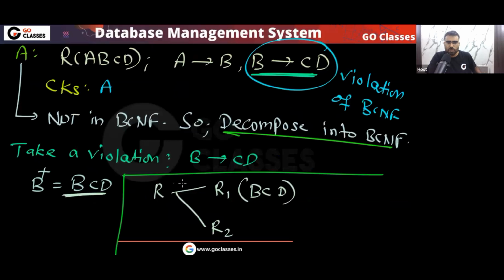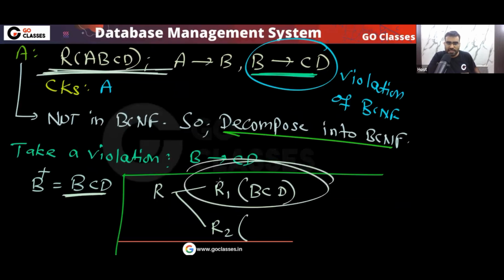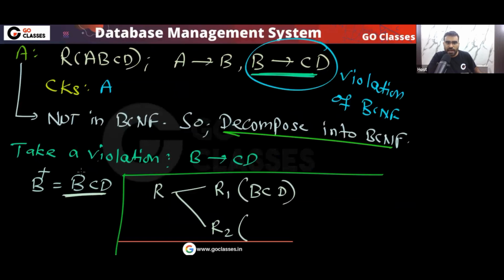So BCD goes to R1, and in R2, from R you remove BCD, and you get A. But add this B, add this X. So finally you will get AB.